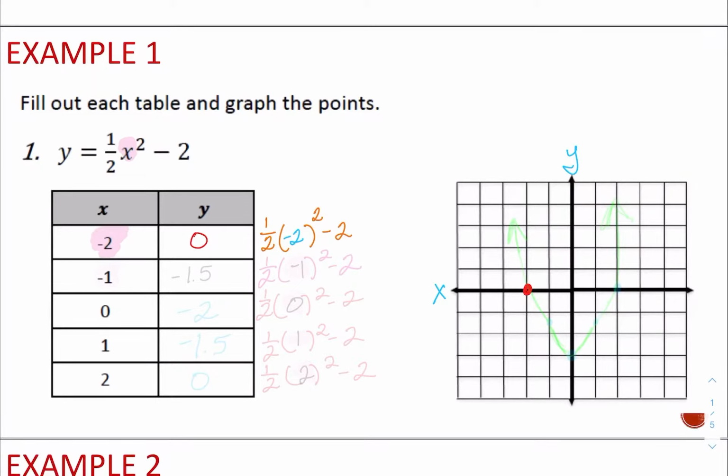Now I'm going to move on to the next x value of -1. The process does not change even though the number changes. So the first step is to rewrite the expression, but without an x value, you're going to put parentheses. And then inside of those parentheses, once again, you're going to put the given x value that they give us. This time they give us -1.